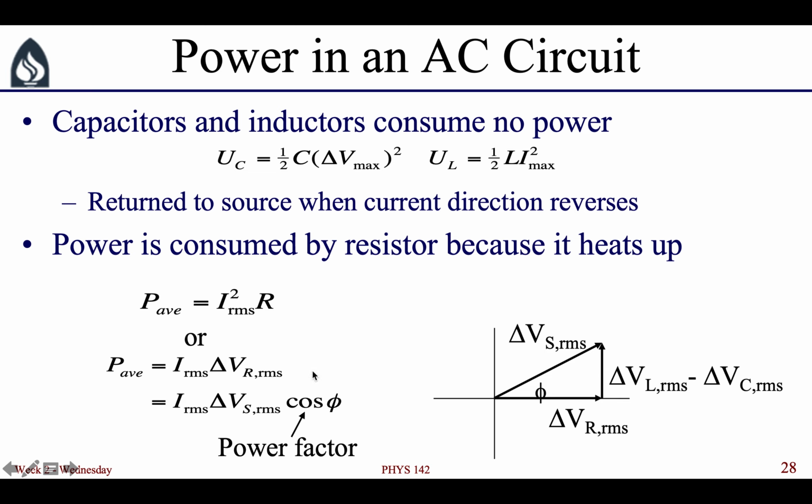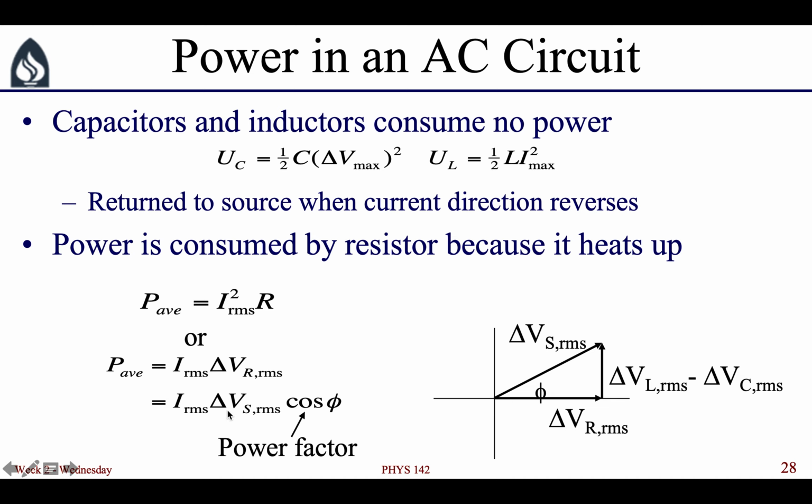If what you know about the circuit is not the voltage across the resistor, but instead the voltage of the power supply, and you know the relationship between the voltage and the current, so you know how the voltage of the power supply either leads or lags the current, that will give you the phase angle.